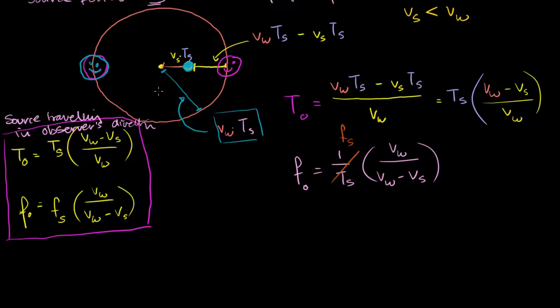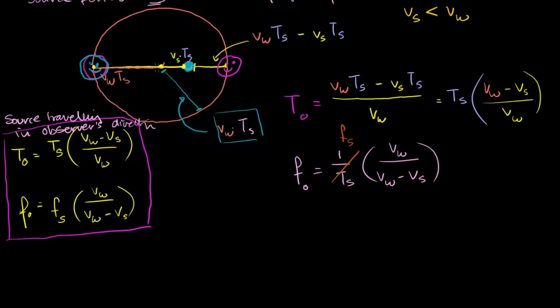So what is the distance between the crest, or the cycle, or the pulse that is passing him by right now, and the front edge of the pulse that is being emitted right at that moment? Well, it's going to be this radius, which is v sub w times the period.